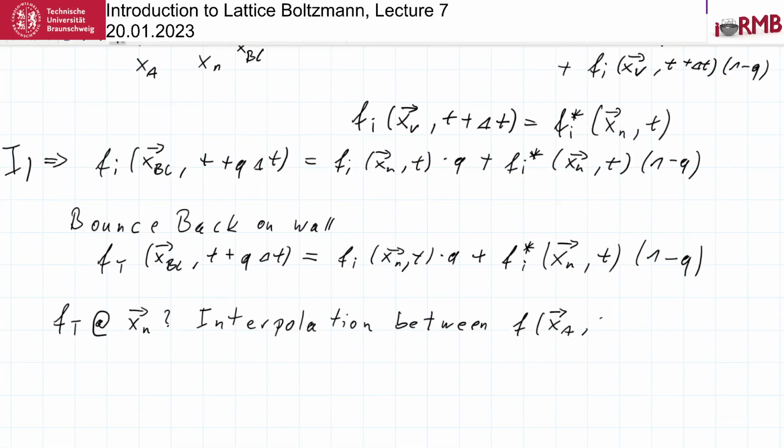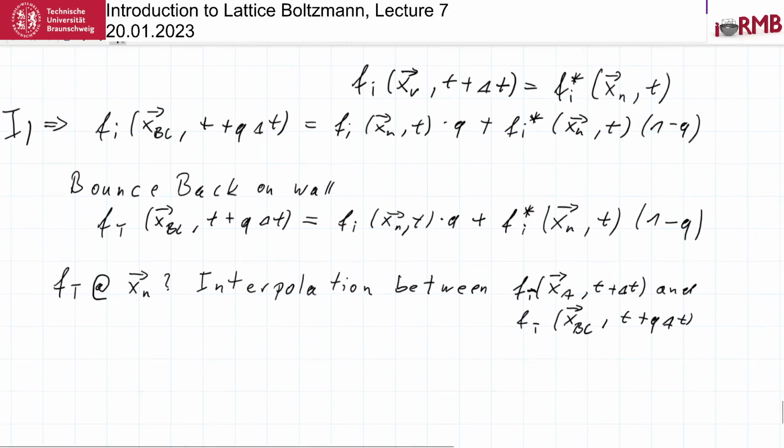xa, and time t plus delta t, so in the next time step, and the one that we have at the boundary, so there's an I bar, because it's going the other way, and the I bar, other way, that is already used to bounce back, so the one that we have is t plus q delta t.